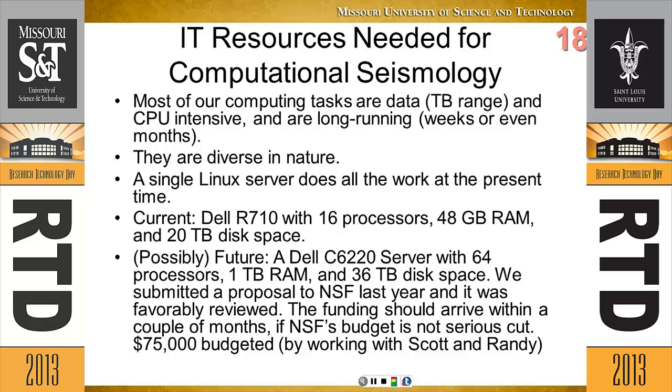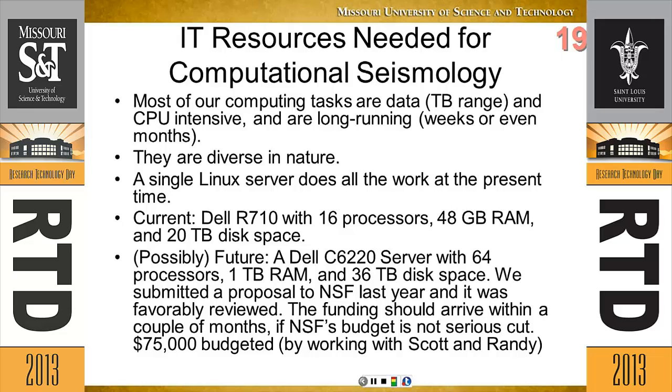At this stage, we have this one, the R43. SCAL is a Dell computer with 16 processors. For the future, last year we wrote a proposal. Dr. Liu, Andy Eckert and myself wrote a proposal to NSF.